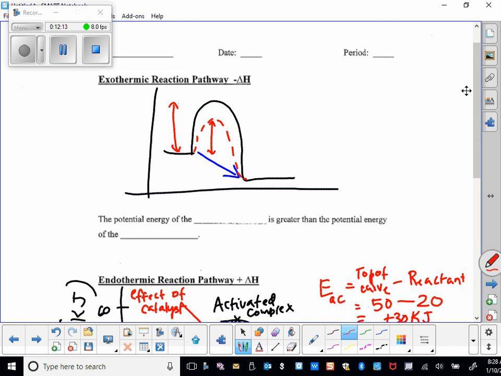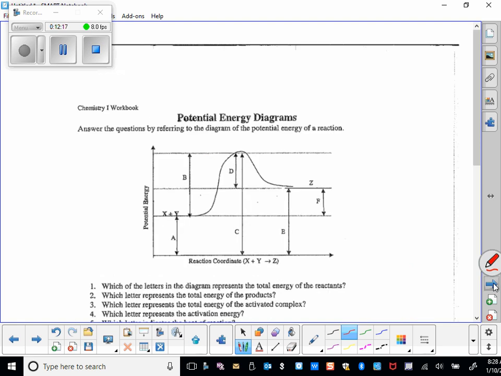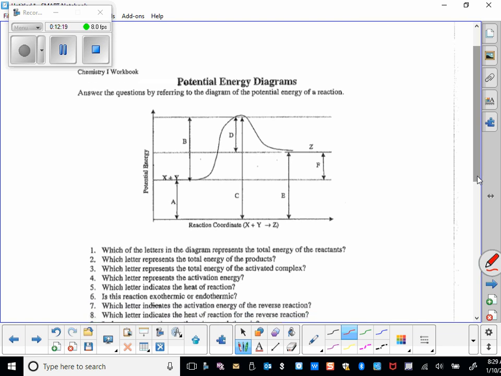Okay, we are going to answer some questions, all right? All of you look at this graph. In this graph, X plus Y is my reactant and Z is my product. This graph all has alphabets, all right? But I'm going to introduce numbers also so that we do it both ways.